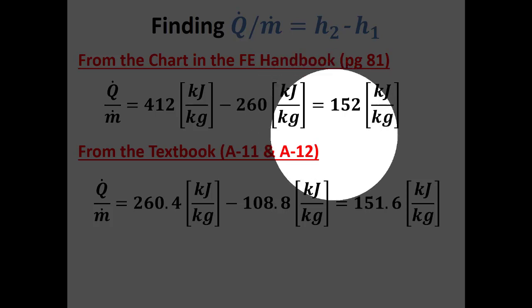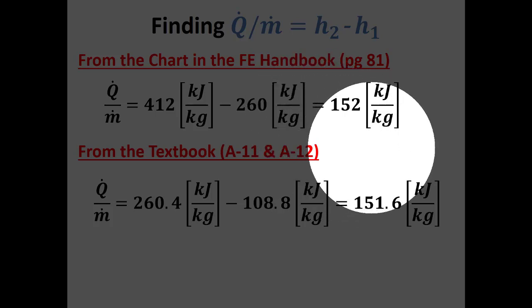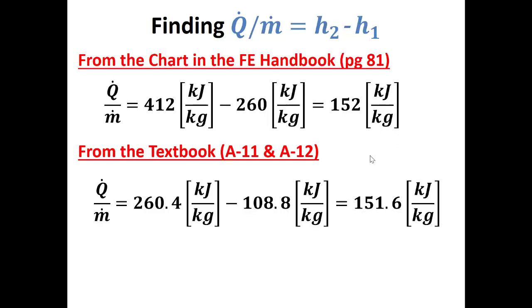I got basically the same answer here, which is pretty good. If I ask you to do this on an exam, I'm not going to be super concerned with how accurate your numbers are. What I'll want to see is what your process is, and I'll also ask you to submit the PH diagram that you worked off of so I can see how you went about fixing these states.